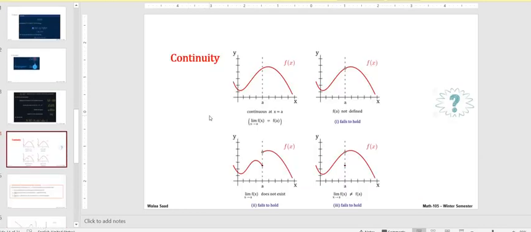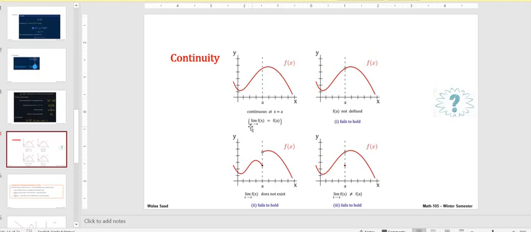Here for continuity, let's consider these four graphs. The first graph is continuous and there is no problem found. So we call such a function a continuous function, because there is nothing noticed, the function is running smooth and continuous. We also find an observation that if we substitute the function at any x value on the x-axis, we will read the function.